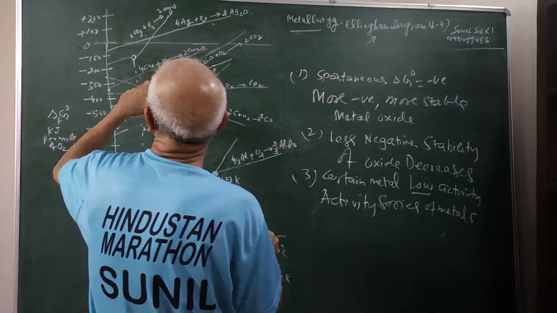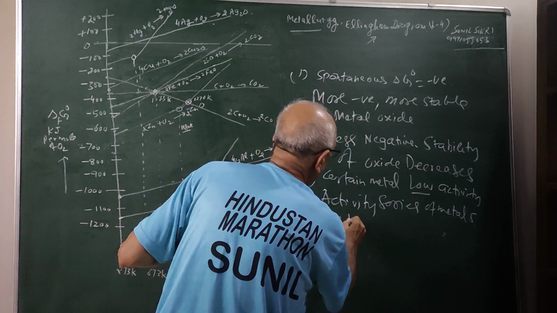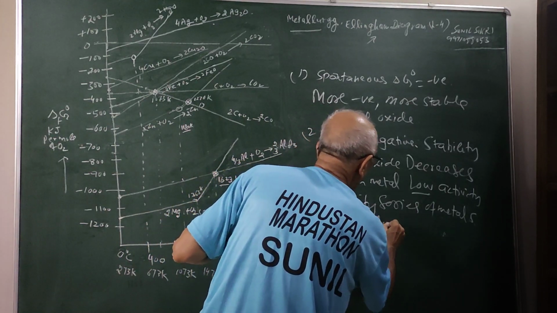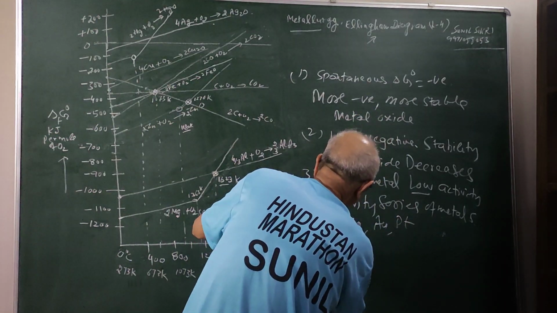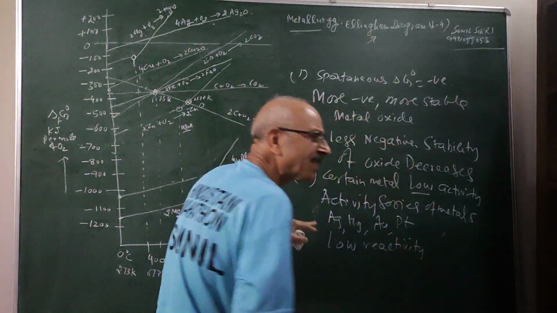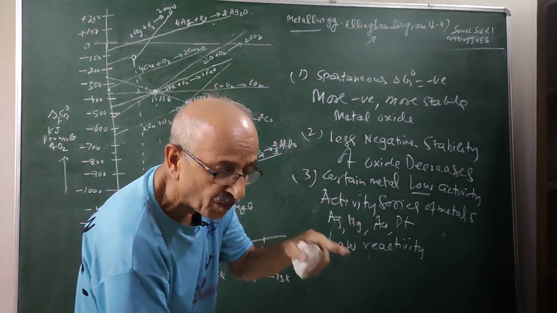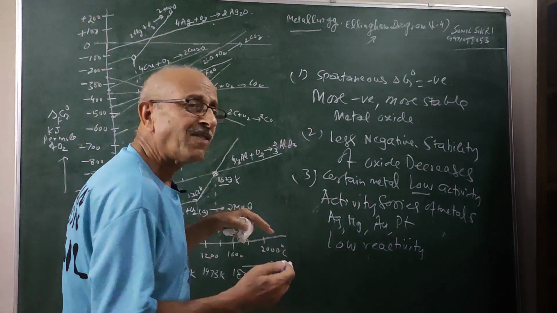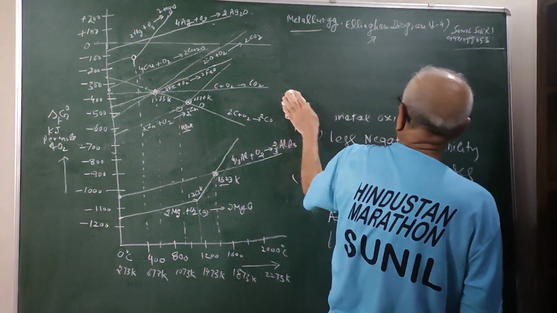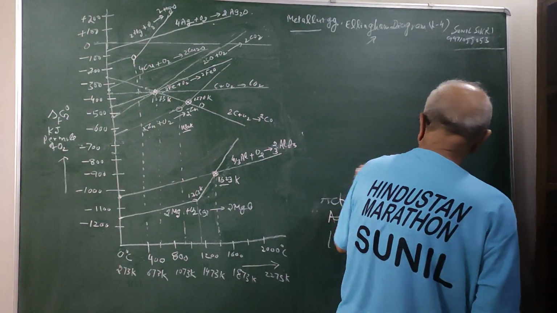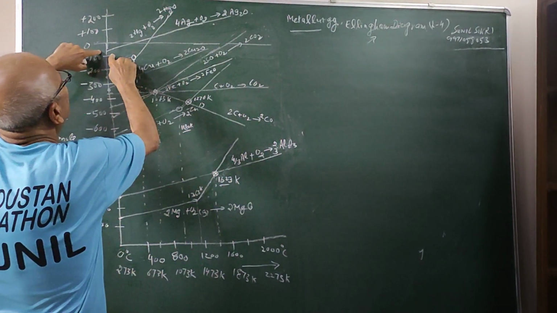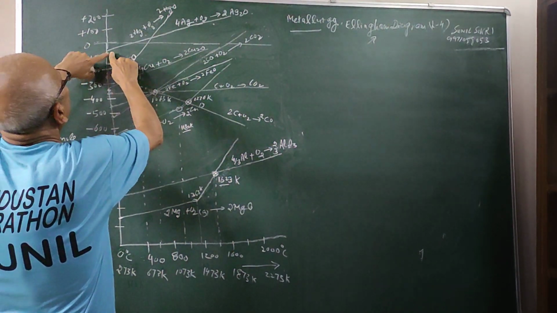Metals like silver, mercury, gold, platinum, they have very low reactivity. In the activity series, they are lying at the bottom, so they have very low activities. And as you can see in this diagram, very important point, here I have shown in this graph, you see mercury, silver. This is a graph of the silver.